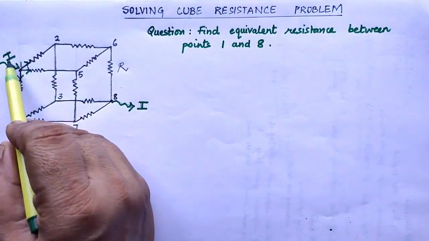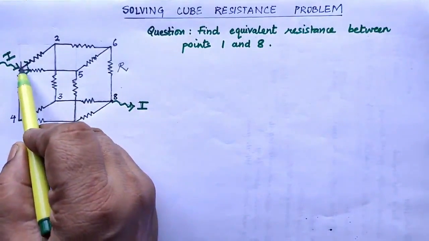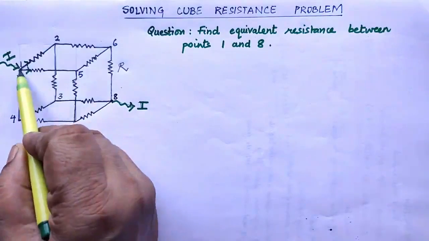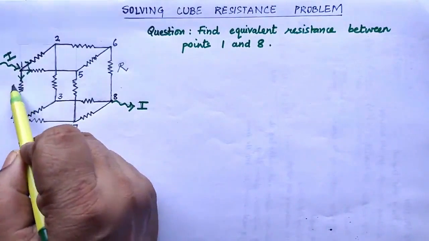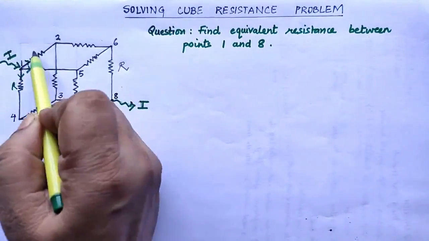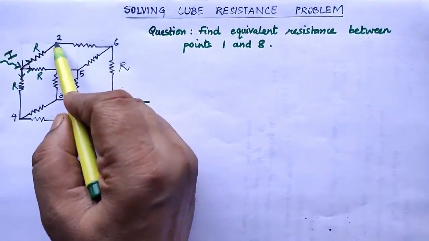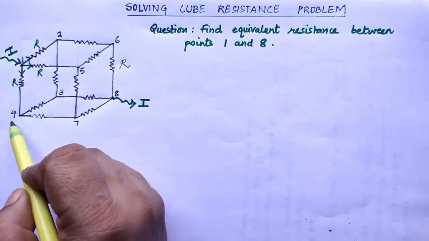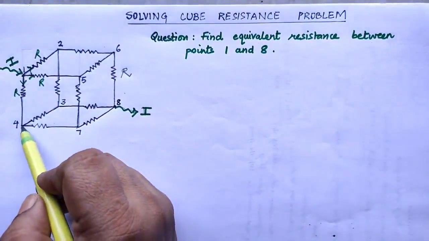So rather I should say it is getting divided into 3 parts. Since the resistances are equal, the current value is the same.